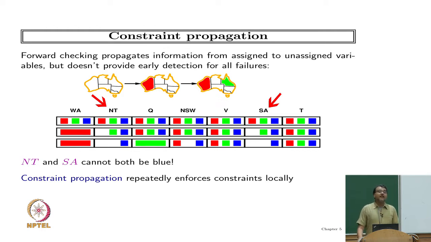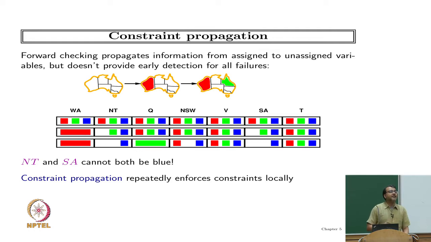However, does my forward checking procedure know this? No. Intuitively, this constraint between Northern Territory and South Australia is between 2 unassigned variables, and that is actually an important observation.